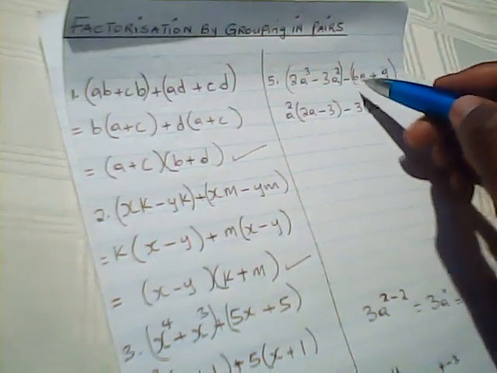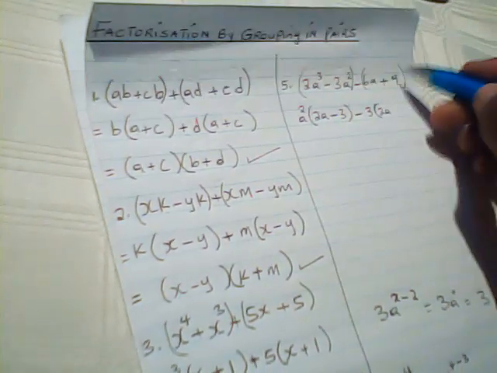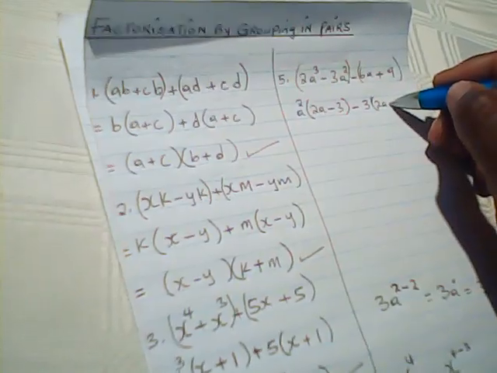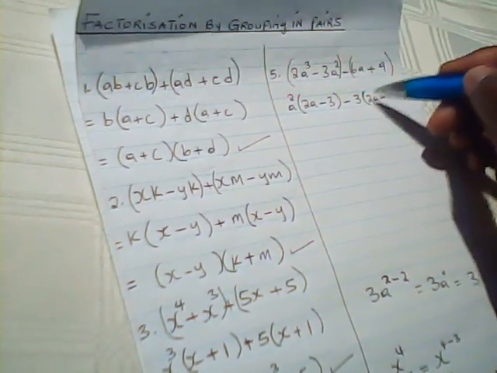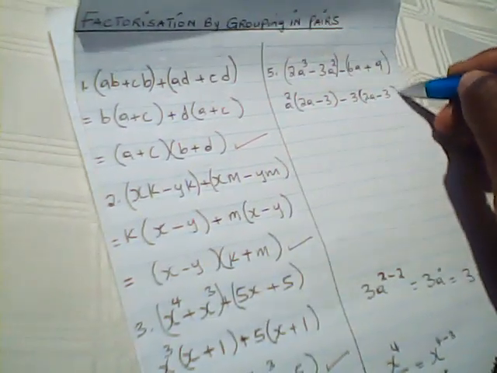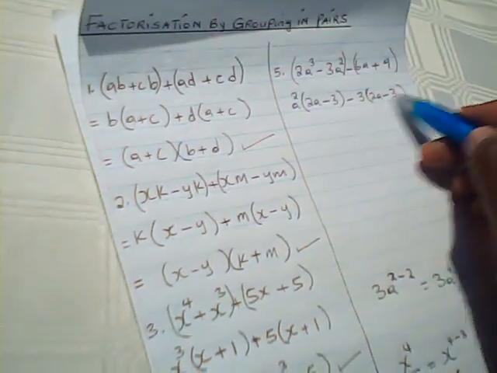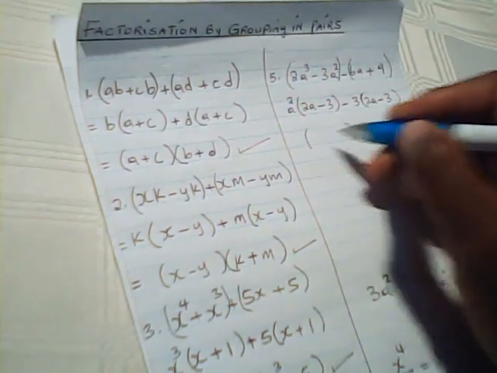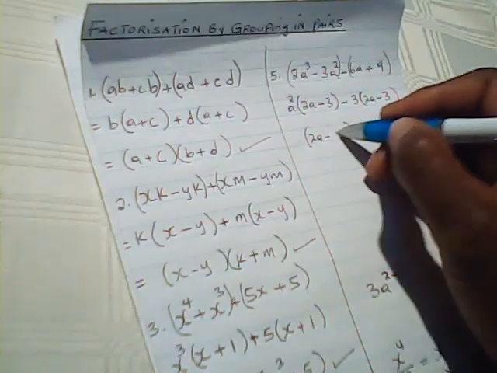But as I've said, they are separated by a negative. This sign is going to change to a negative. Then 9 divided by 3, the answer is 3. Then you close. Can you see now we've got 2a minus 3, 2a minus 3. We take one of them, which is 2a minus 3.